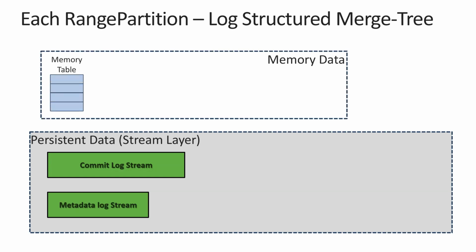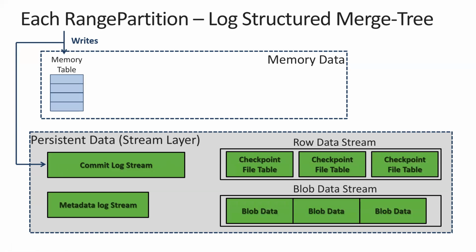So basically what happens is that if a write comes, first it is stored in memory, and then it is also committed to persistent data storage in the commit log stream. And when it is stored there, then it is acknowledged, right? So this log stream has information about all the commits.